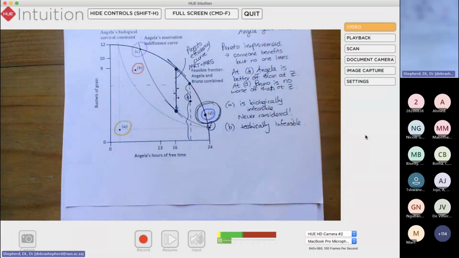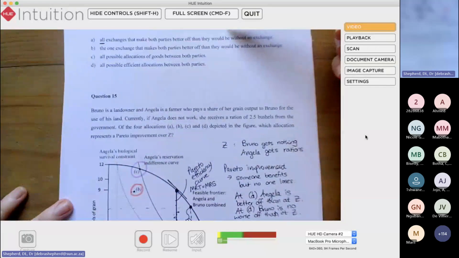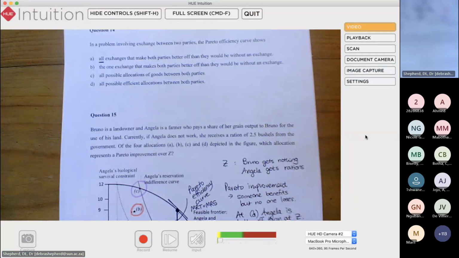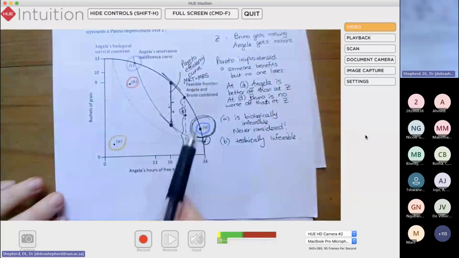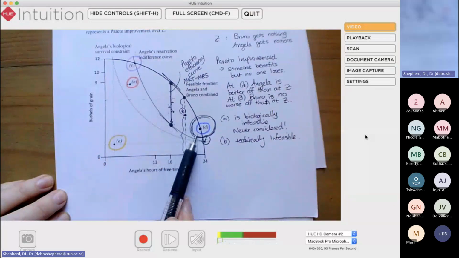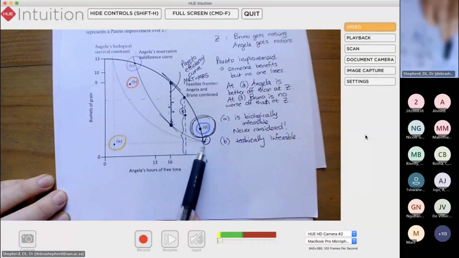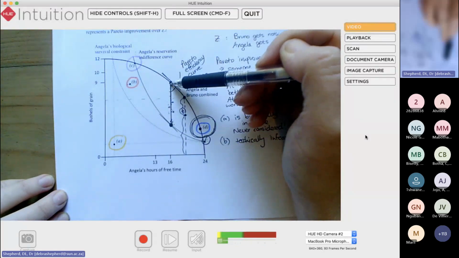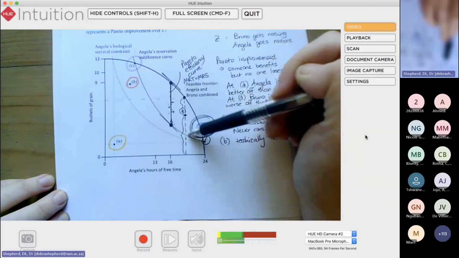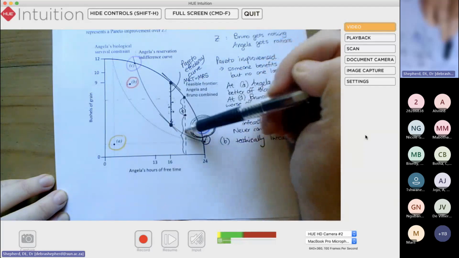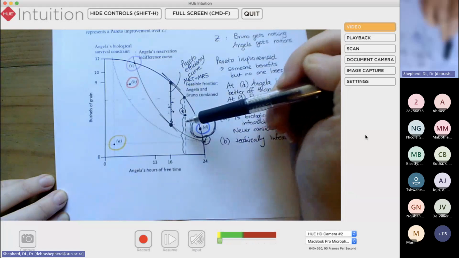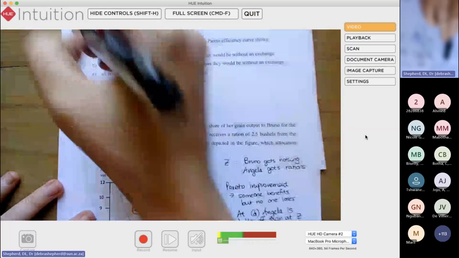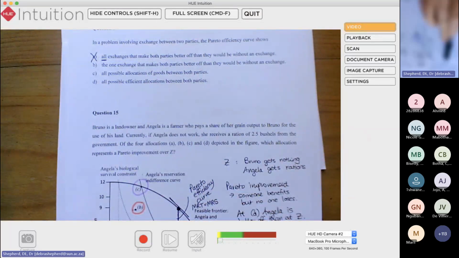No, it isn't. So are only points on the Pareto efficiency curve Pareto improvements? No. All points inside the economically feasible set are improvements over Z, but only the points on the Pareto efficiency curve are Pareto efficient. So all of these points here are Pareto improvements over Z, but they are not Pareto efficient. They are Pareto inefficient. So A is incorrect.